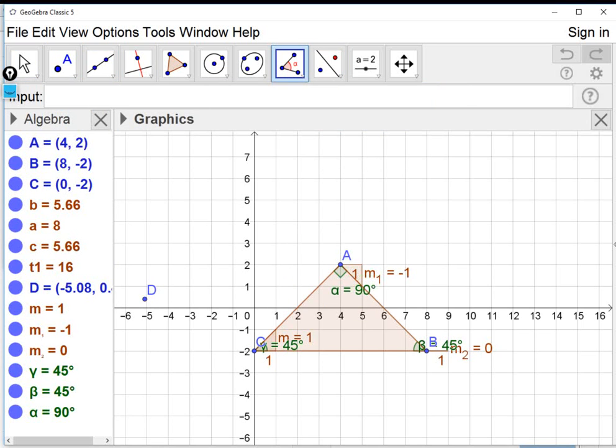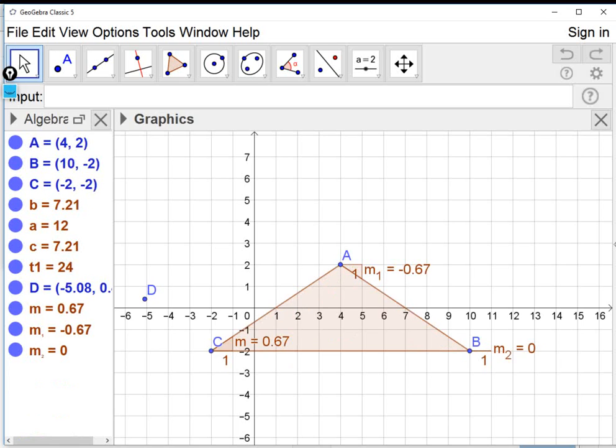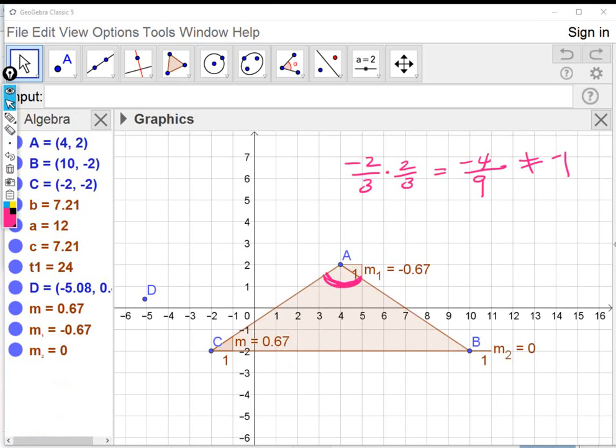See how that angle is 90 degrees? That's because these two lines were perpendicular, and I knew they were perpendicular by multiplying their slopes and getting -1. If I take those two and multiply their slopes and I don't get -1, can I now say that I know that is not a right angle? Does that make sense?